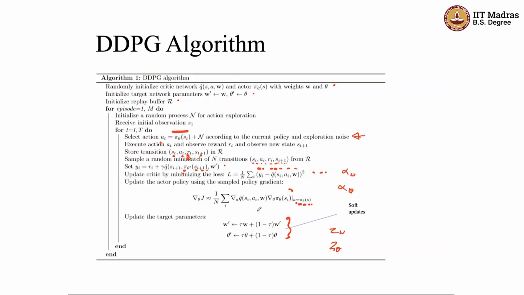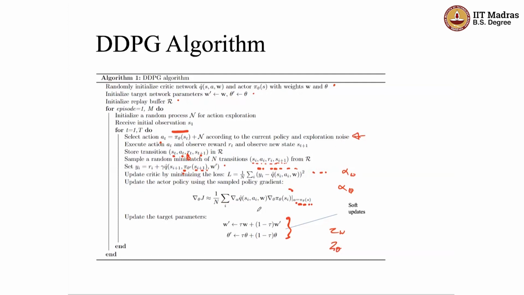Sir, what should the noise that we add to the deterministic action be? Well, it's an exploratory noise, right? So depending on the nature of the problem, it could very well be a zero mean unit variance Gaussian that you could add to the action. Or if your action is multidimensional, it could be a suitable multidimensional zero mean Gaussian you're adding to it.